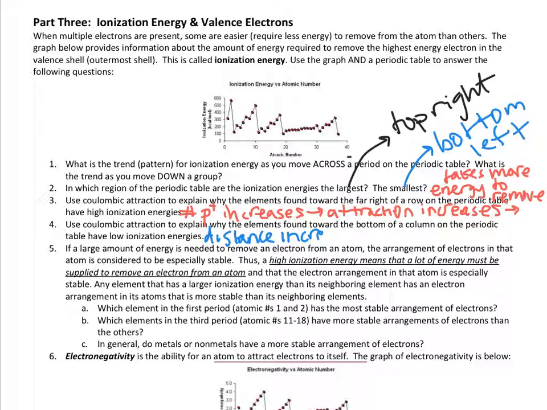And we said, and it makes sense, if the distance increases, think about my two magnets. The distance increases, the farther away the one magnet is, it's not going to be attracted. So attraction decreases.